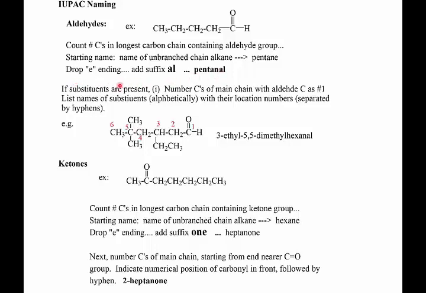All right, if you have substituents present, what one does is number the carbons of the longest unbranched chain, that's called the parent chain. Carbon number 1 is the aldehyde carbon, and then go ahead and number the carbons down the chain.